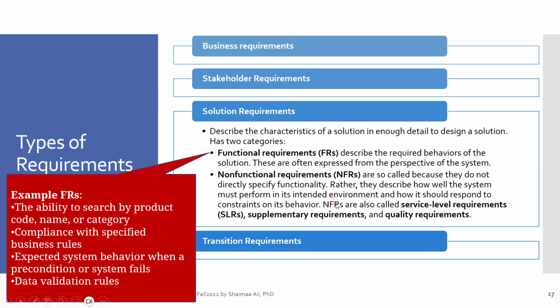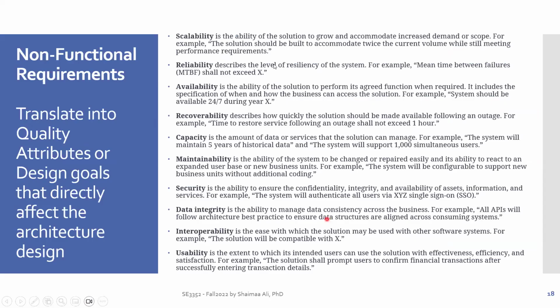Here are some examples for non-functional requirements. You see this set of examples here: scalability, reliability, availability, all things that end with ability. These usually translate directly to the quality attributes. These are just examples of things that might inspire you or that you might consider, but every system is different.